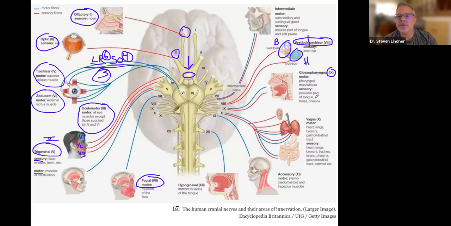Cranial nerve 9 also deals with the taste of bitter. We'll put bitter to the posterior 1/3 of the tongue. Whereas cranial nerve 7 over here did sweet, sour, and salty to the anterior 2/3 of the tongue. So cranial nerve 7 does sweet, sour, salty to the anterior 2/3 of the tongue, but cranial nerve 9 does the taste of bitter to the posterior 1/3 of the tongue.